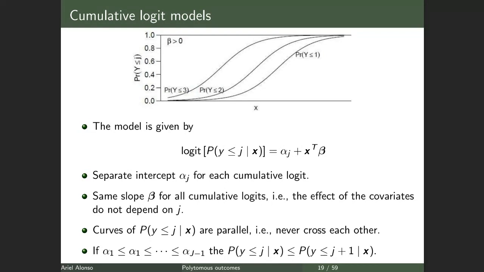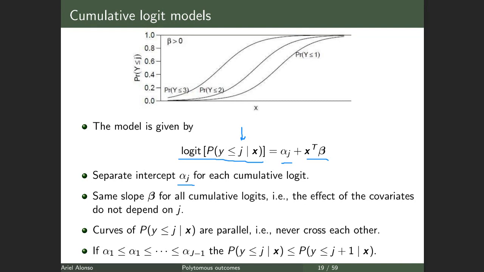So let me go back. Here we have the model. We are going to model the logit of having a response smaller or equal than j as an intercept that is going to depend on j, as you can see, alpha j, plus the vector of covariates times beta. So now we have a separate intercept for each cumulative logit.